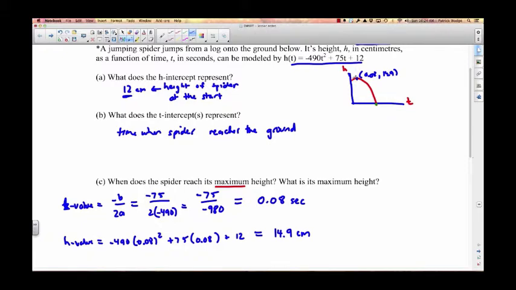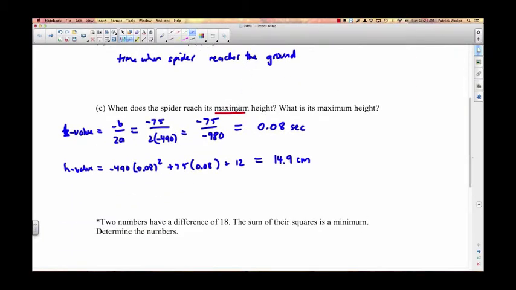That sounds about right. I mean, a spider's not going to jump 30 centimeters up in the air or something. Less than 3 centimeters sounds about right. Starts at 12, jumps up to 14.9, and then comes down. So we've solved this question. Maximum height is 14.9 centimeters. When does the spider reach the maximum height? 0.08 seconds. What is the maximum height? 14.9 centimeters.